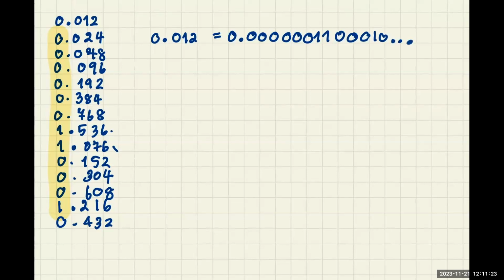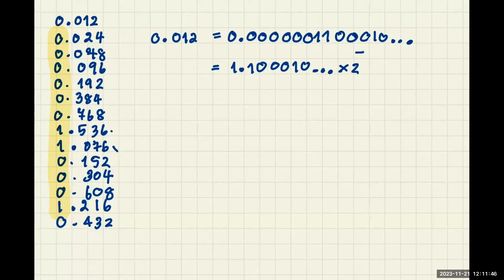So now it is equal to 1.1000010 and so on. You have to keep doing that. Times 2 to the power of minus what?